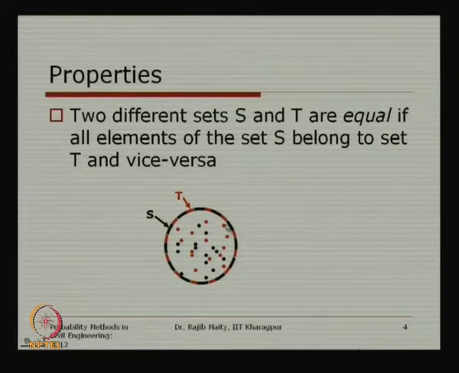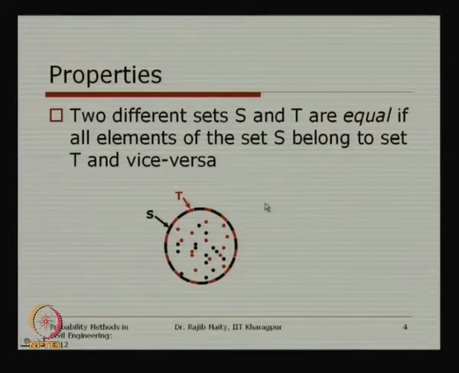These are exactly the same, so whatever entries belong to the red set, the red dots and the black dots, all these dots belong to both the set S as well as set T. So, we can say that set S and set T are equal.